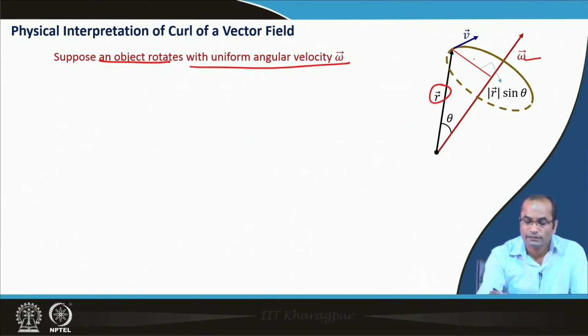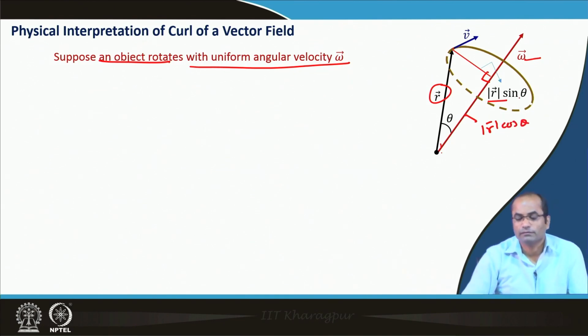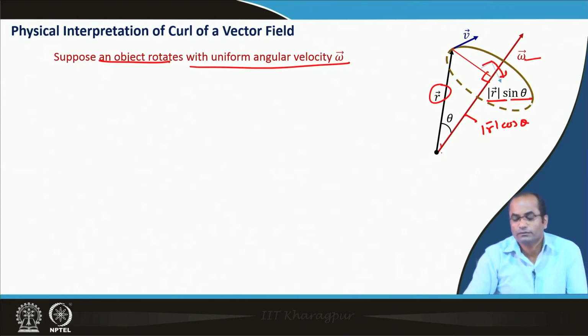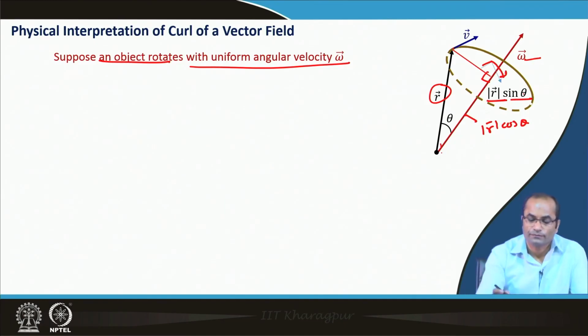This is given by the magnitude of this vector and the sin theta. So, this is the 90 degree angle, and so this will be magnitude of r cos theta, and the vertical one will be the magnitude of r with the sin theta. So, this is the distance.